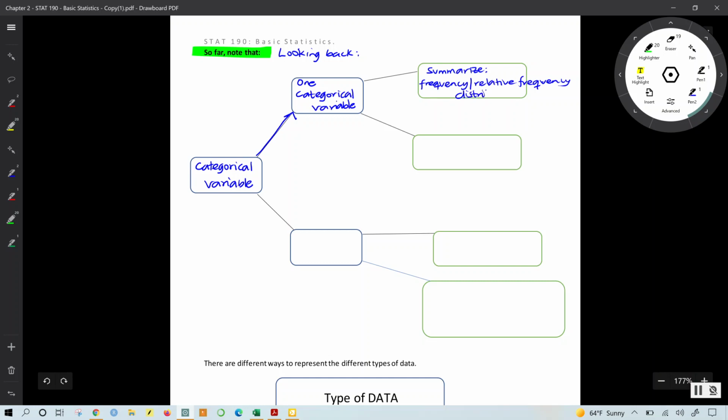And then we also learned that we can graph or visualize the information contained in the data collected on a single categorical variable by using either a pie chart, bar chart, or Pareto chart.